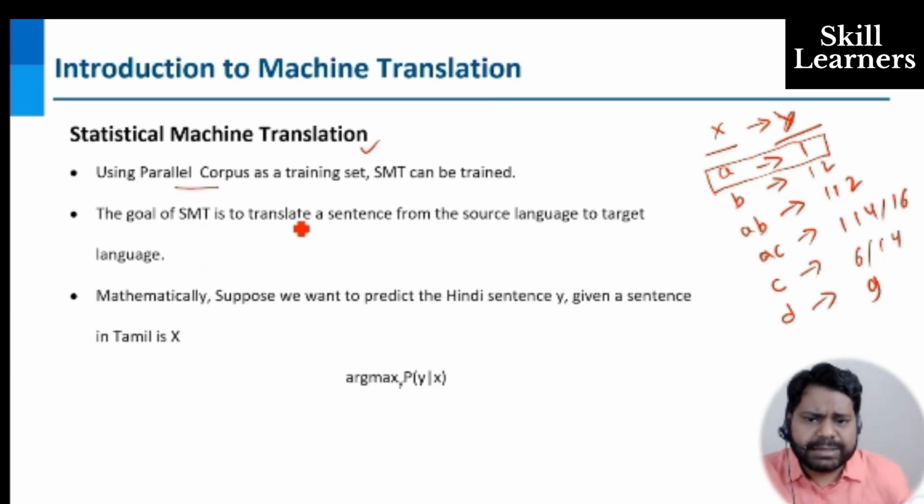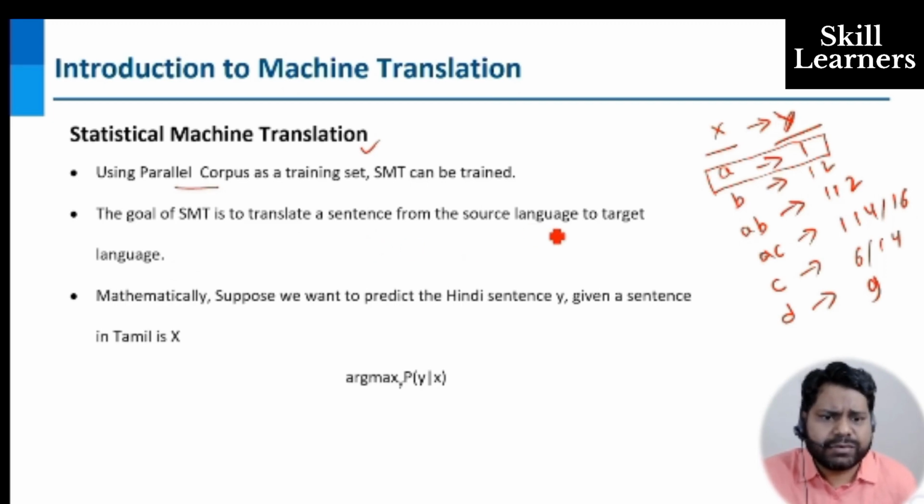The goal of SMT is to translate a sentence from a source language to a target language. Mathematically, suppose that we want to translate a Hindi sentence, that is Y, given a sentence X that is written in Tamil, or the speaker is speaking in Tamil.